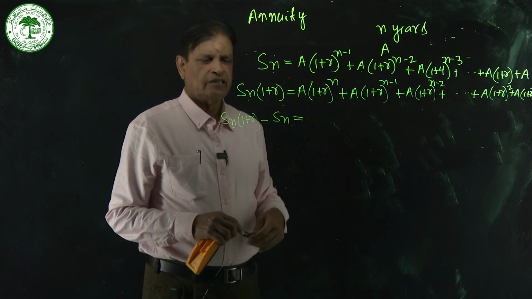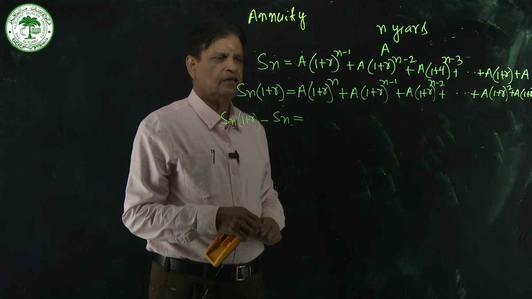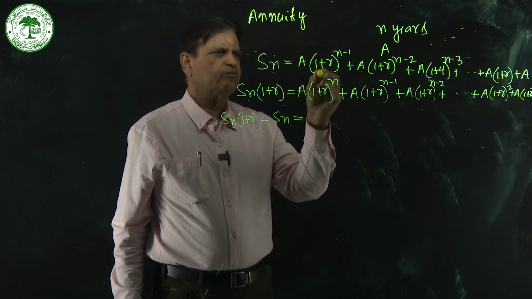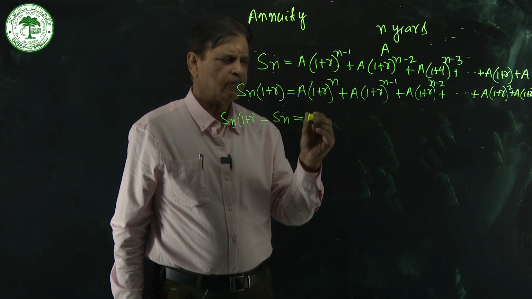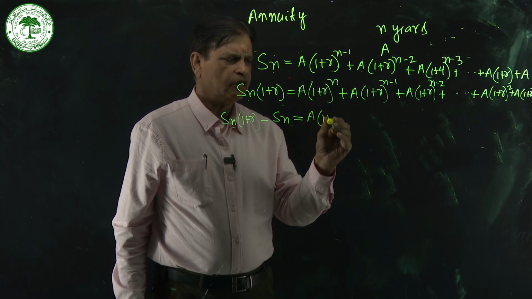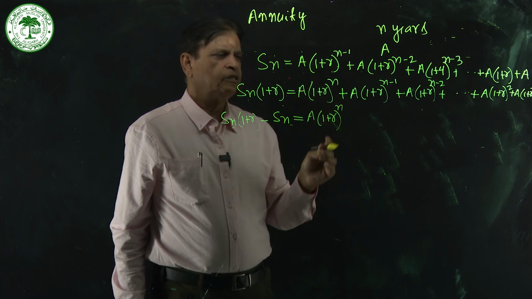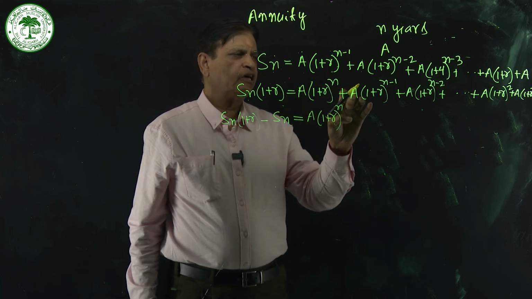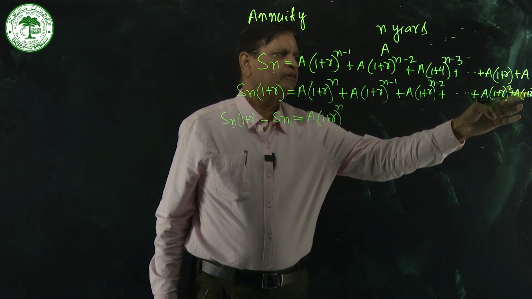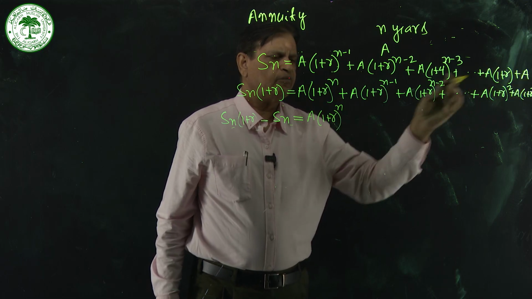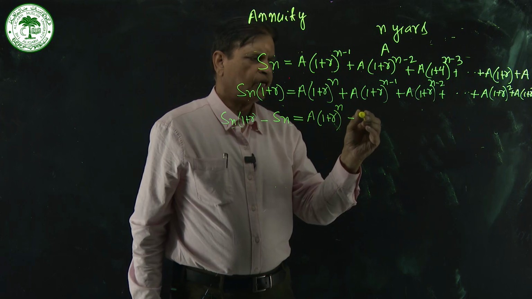So in Sn(1 + R) minus Sn, if you remember, this term is not here, so we'll have here (1 + R)^n. Then all the terms starting from here up to here will get cancelled out, and this term will remain. So we'll have minus A.